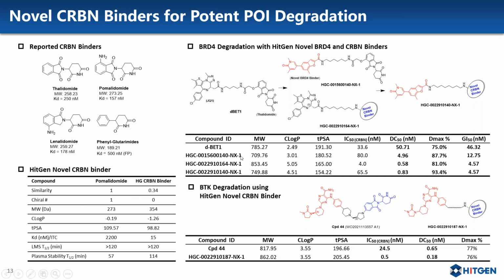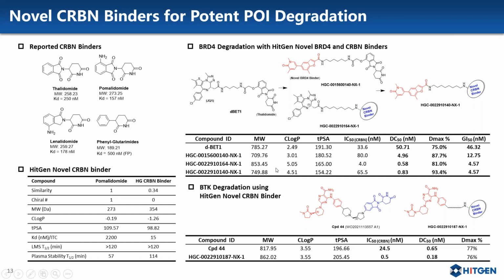The new CRBN binders were evaluated by replacing thalidomide for BRD4 and BTK degradation. The new PROTAC molecules gave better DC50. The new CRBN binders are being further evaluated for various POI degradation in vitro and in vivo.